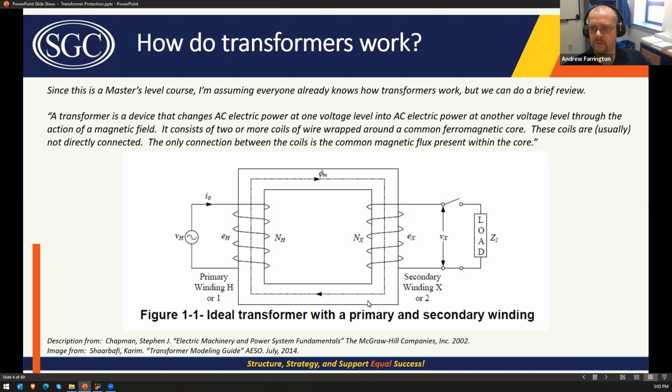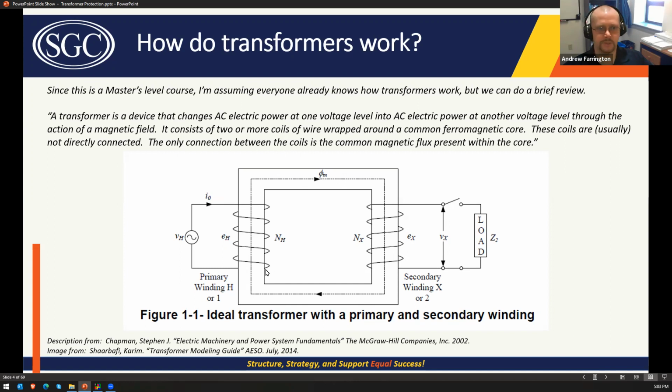The only way that these two windings are connected is through that magnetic flux in the core, and that provides us with some advantages and disadvantages. The advantages are that they're electrically isolated, so you can have different ground references on each side of the transformer, which is pretty nice.